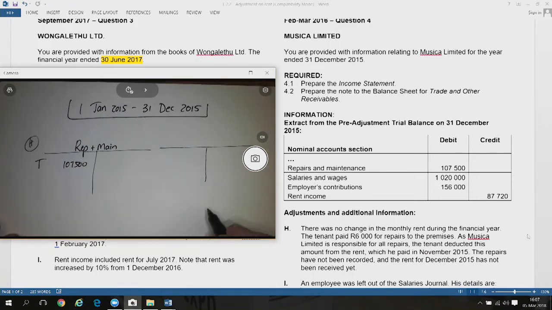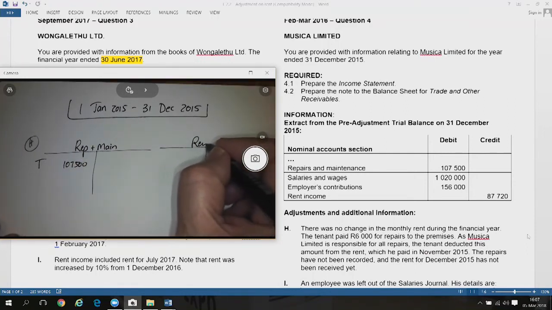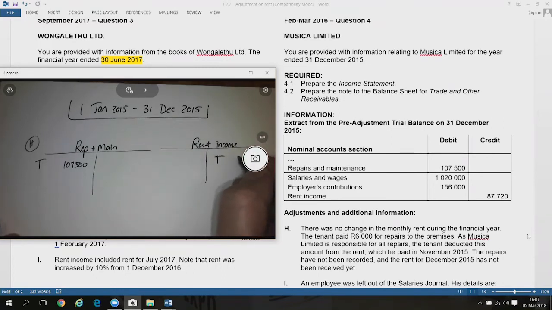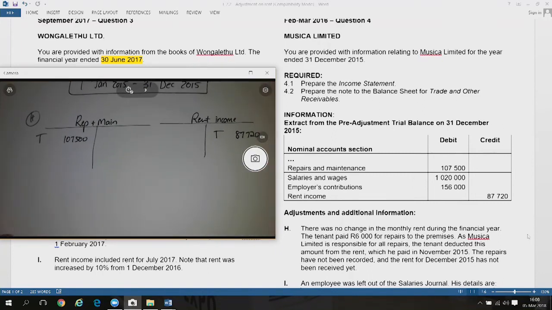There's your rent income with a total of 87,720. The repairs have not been recorded and the rent for December has not yet been received. So that 1 month, December, is accrued income.